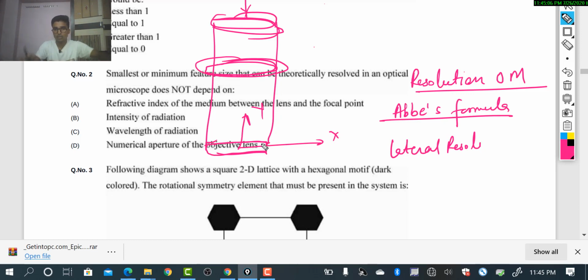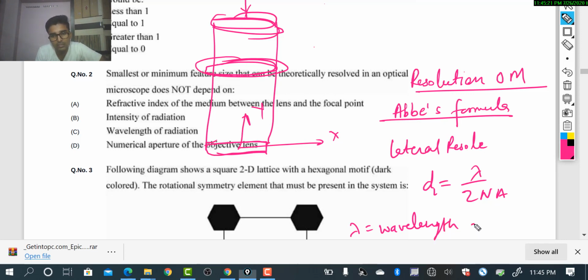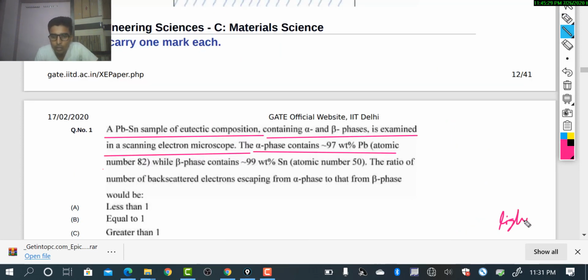Lateral resolution D lateral is given by lambda by 2NA. What is lambda? Lambda is the wavelength of light, from 400 nanometer to 700 nanometer.